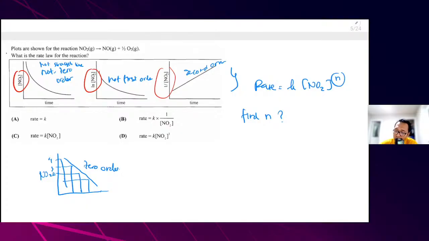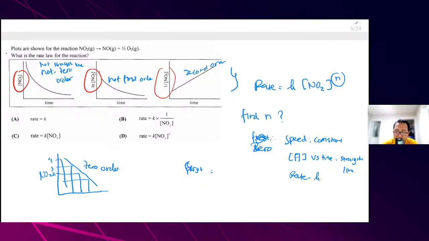I just wanted to let you know, guys, the zero order criteria: the speed should be constant, and A versus time should be a straight line, because the rate is k. And this is first order.